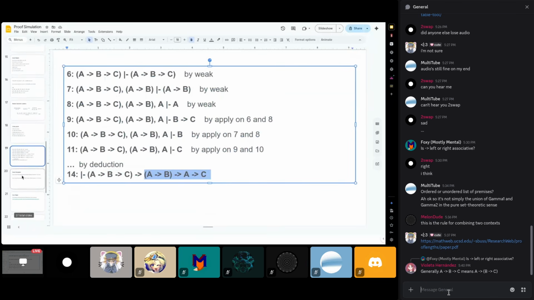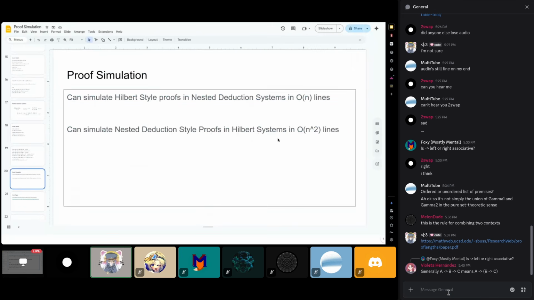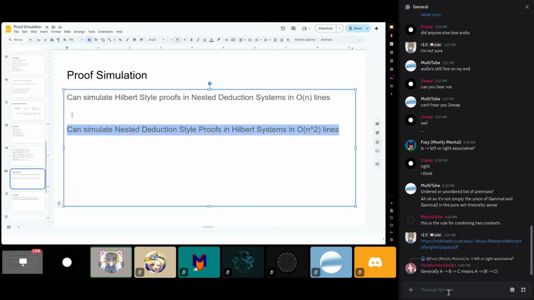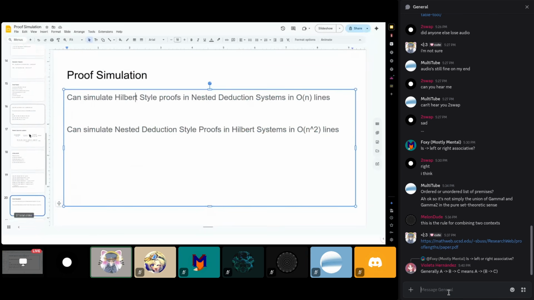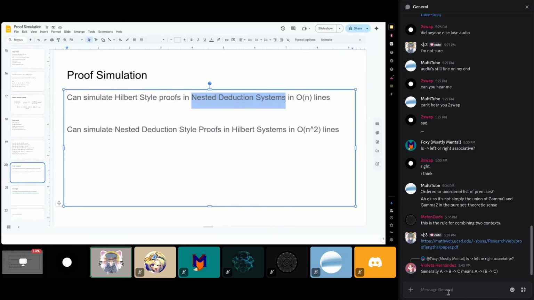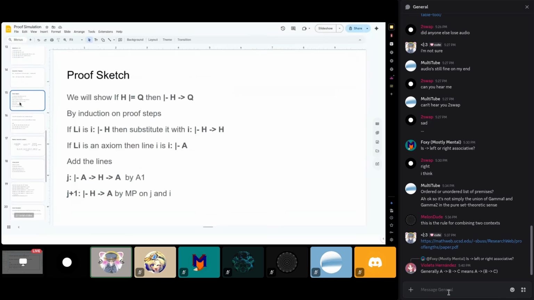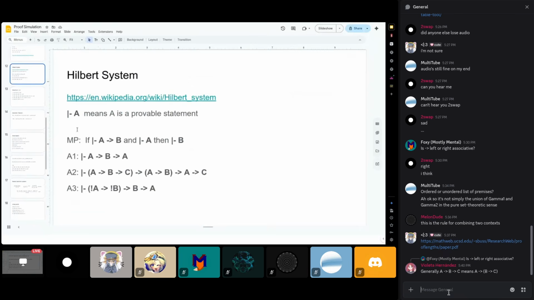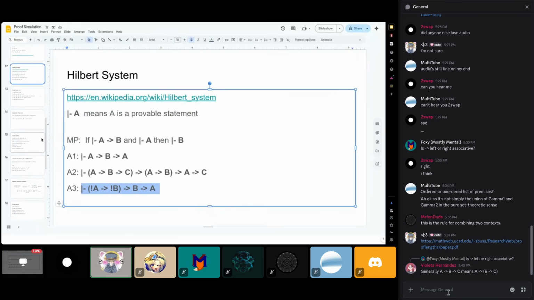In general, if you can prove it in the original Hilbert system, you can prove it in this nested deduction system if you assume that A3 is also an axiom of the nested deduction system.